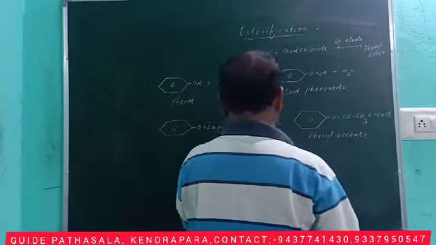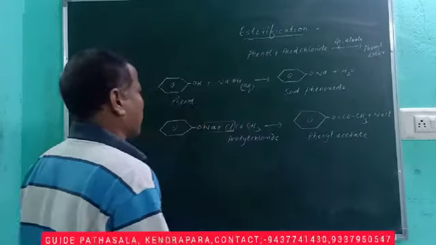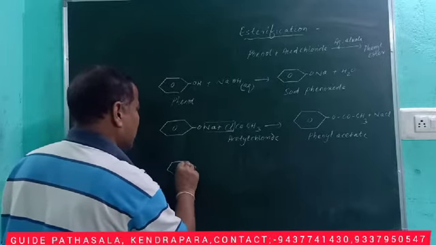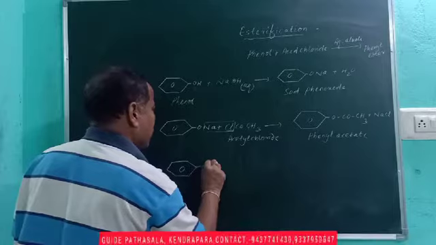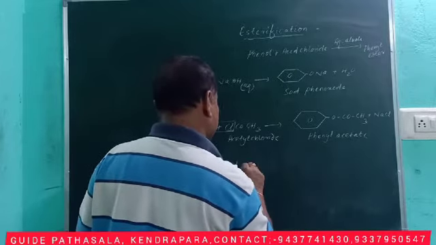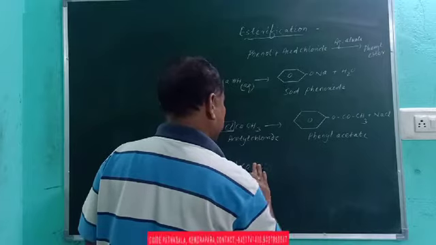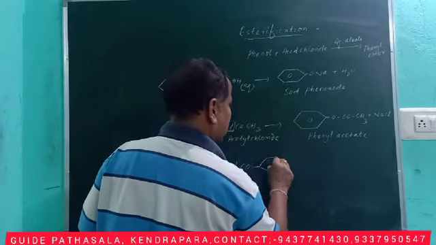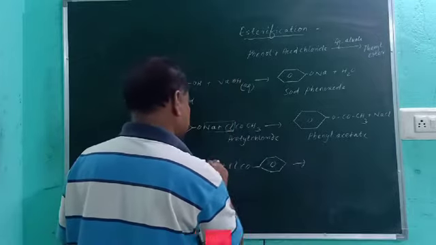If you take benzoyl chloride in place of acetyl chloride, sodium phenoxide is treated with benzoyl chloride, C6H5COCl. Then NaCl is eliminated.